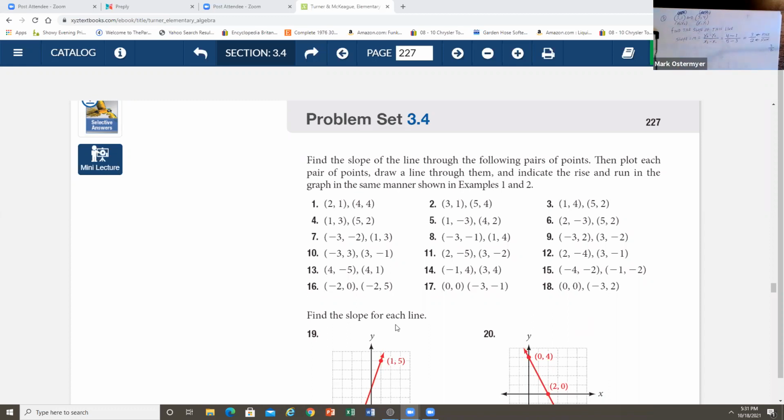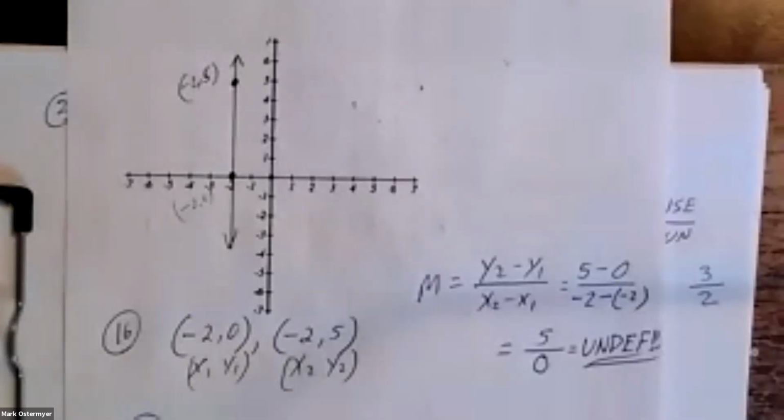See if you can see that last problem again? Hold on a second. Vertical lines have undefined slopes.